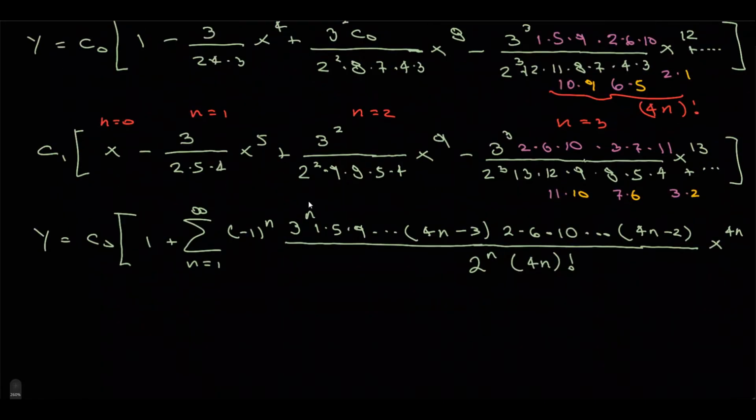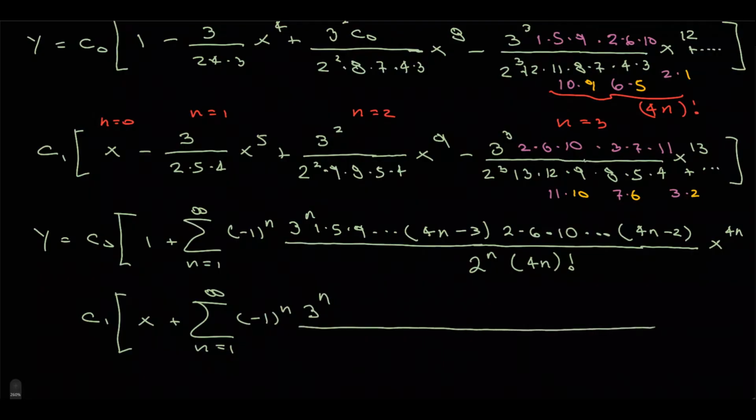In a similar way for c sub 1, we're going to start with x plus sigma n equals 1 to infinity. Start with an alternating factor. And I'm going to have 3 to the n, and then I'm going to do another big bar over here. And then again, I'm going to have powers of 2 in the denominator. However, have a look at the factorial in the denominator.